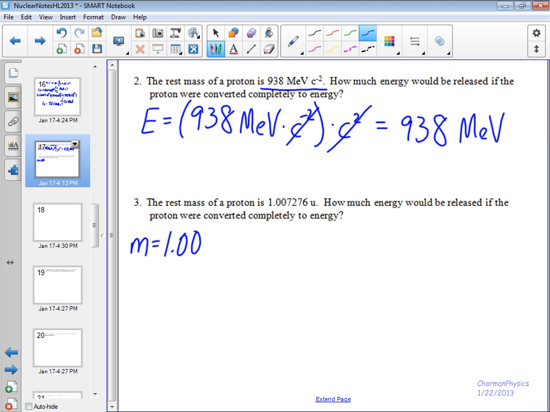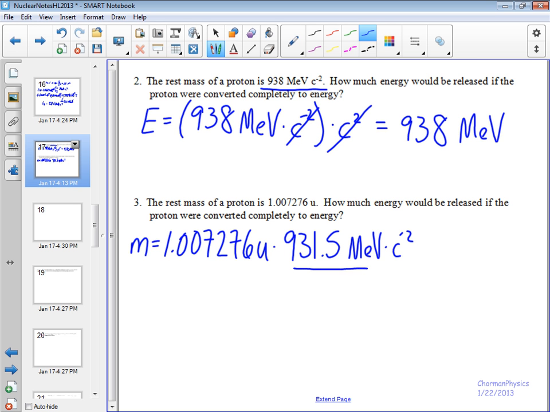We use 931.5 mega electron volts per c squared per u, and we plug the mass in up here to find the energy and get the same value. So that is the conversion between mass and energy.